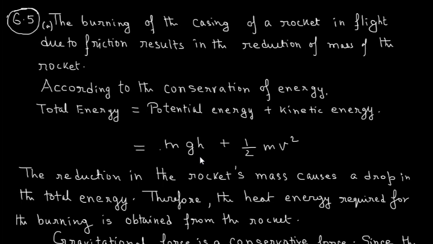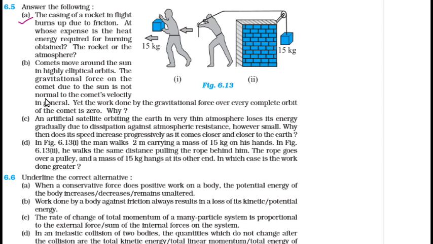Instead of potential energy, we can write mgh, and instead of kinetic energy, we can write half mv square. The reduction of the rocket's mass causes a drop in total energy. Therefore, the heat energy required for burning is obtained from the rocket. Let us see the next question, B.